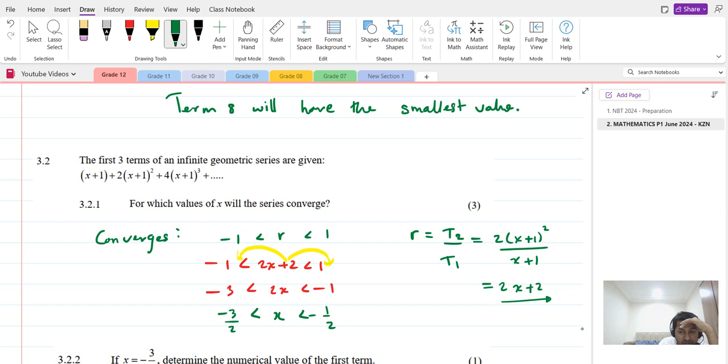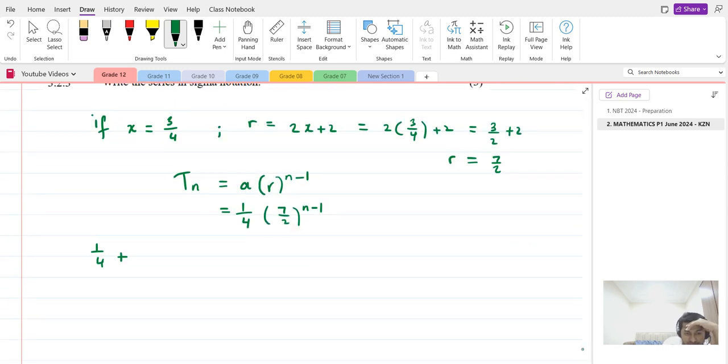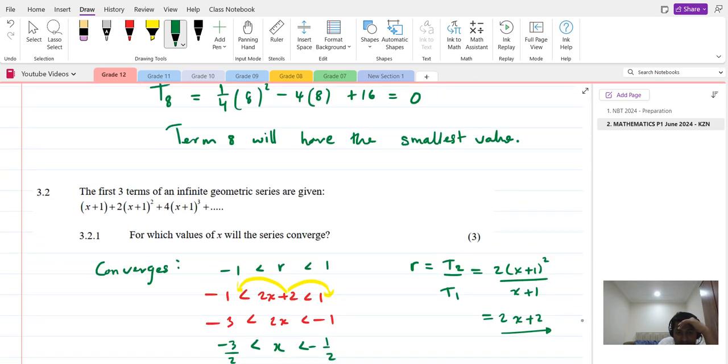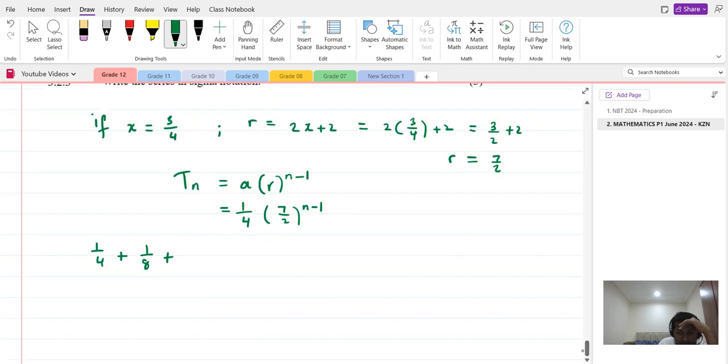The second value is 2 times x plus 1 all squared, so that's a quarter squared, which is 1 over 16, times 2, which is 1 over 8, plus the third term is 4 times 1 over 64, which gives 1 over 16, plus dot dot dot, and that's basically equal to sigma.